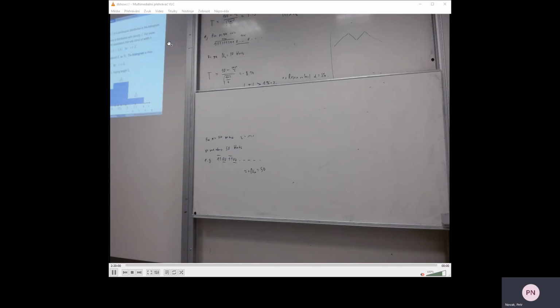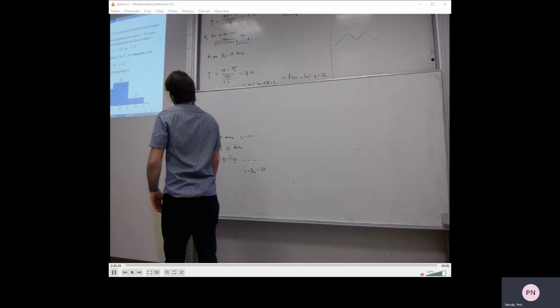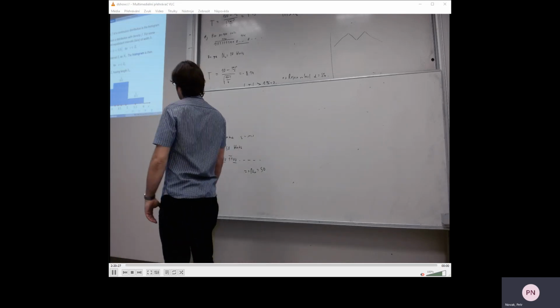Okay, so we have observed, let's see, 1, 2, 3, 4, 5, 6, 7, 8, 9, 10 data points, and we want to visualize how their distribution looks like, at least roughly. So what we do is we split the interval on which the data is being observed into some distinctive subintervals.